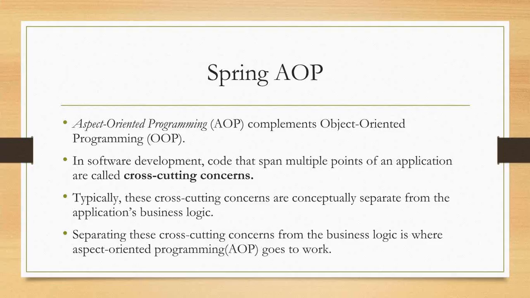So in the first place, what is the issue with cross-cutting concerns? Why are we so worried about cross-cutting concern code?